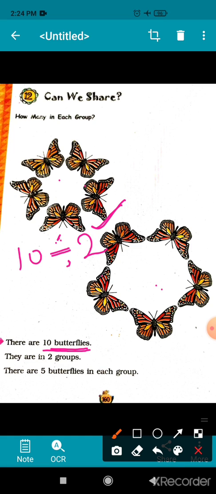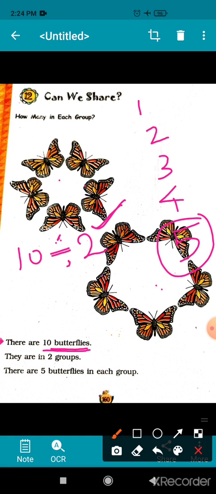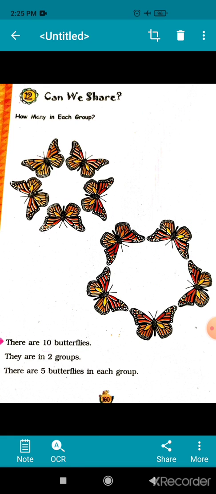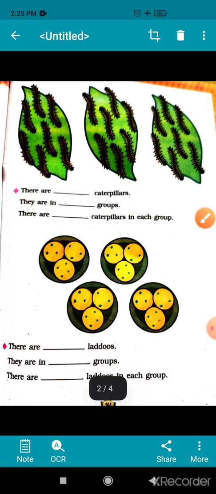How many times can you read the table? 2 ones are 2, 2 twos are 4, 2 threes are 6, 2 fours are 8 and 2 fives are 10. So this 5 will be your answer. And in this picture you can see 5 butterflies are in the group. Okay. Now let us see next.